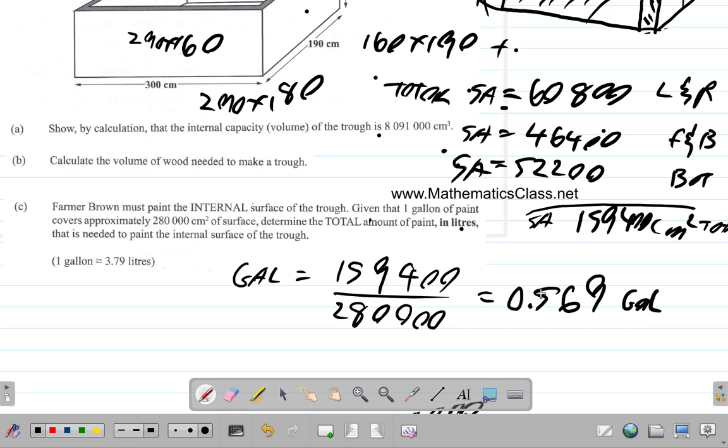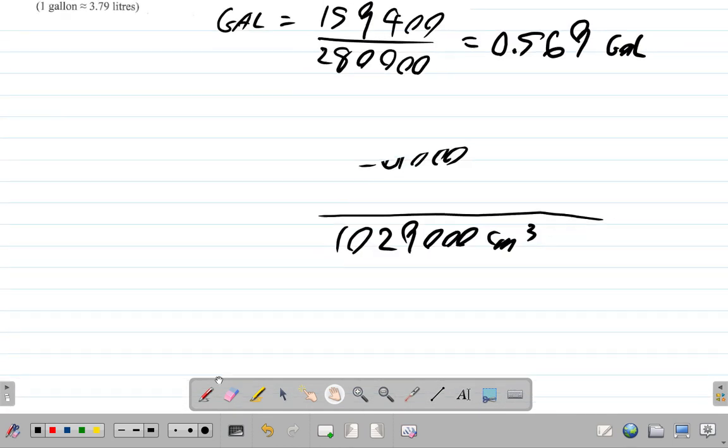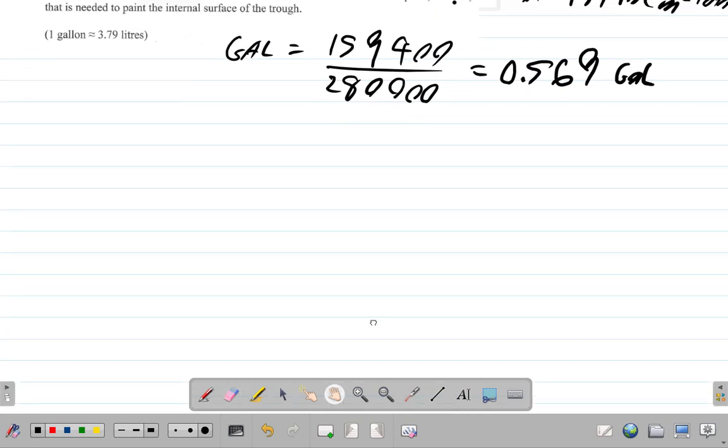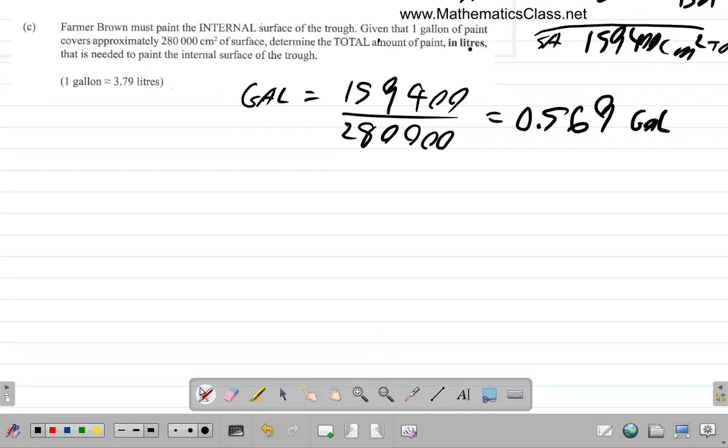But 1 gallon equals 3.79 liters. So now you're going to do the conversion. Let me rub out these so I don't mess up. So 1 gallon equals 3.79 liters.